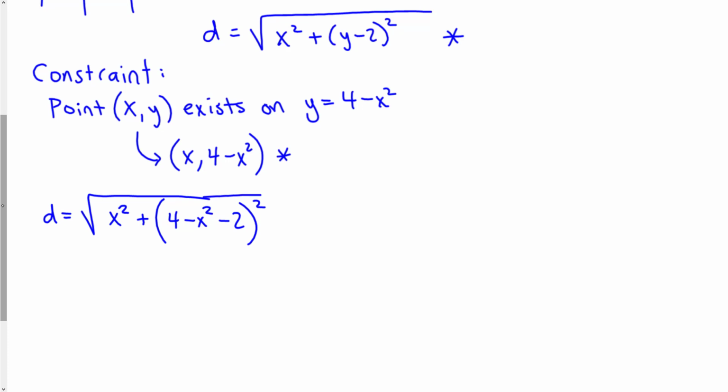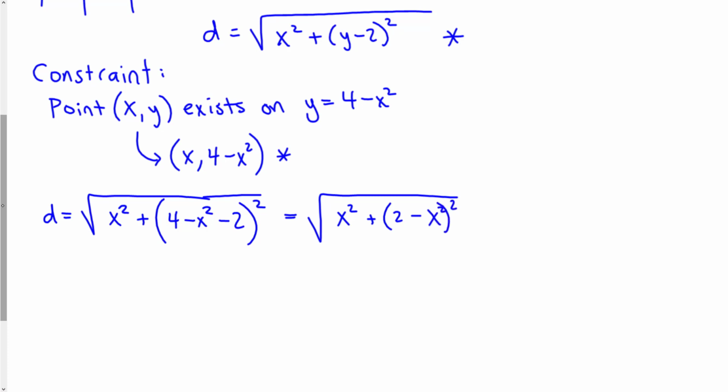and simplify. So let's see, this would become the square root of x squared plus, 4 minus 2 is 2, so 2 minus x squared, whoops, try that again, 2 minus x squared, quantity squared.